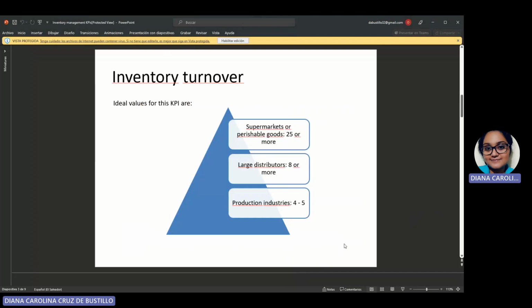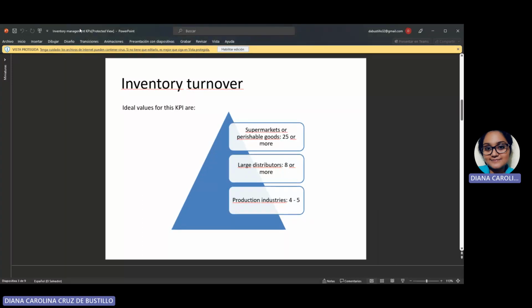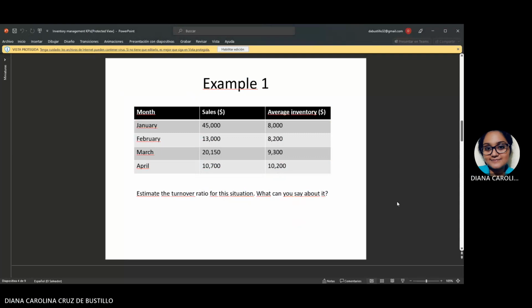It is important to mention that this ratio can be estimated each year. It can be estimated monthly as well, and it can be estimated as a total or per product. So you can compare different items in terms of their turnover rate, and you can make appropriate decisions. We are going to work on that a little bit later on, just for you to understand better.